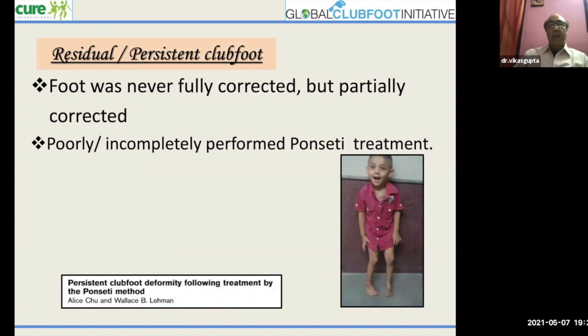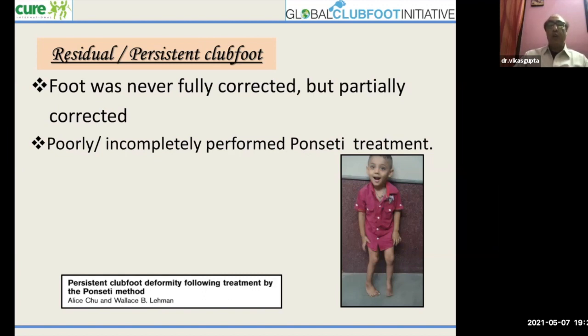Okay. Now, this terminology was introduced by Ellis and Lehman: residual or persistent clubfoot. At times, you will see that the foot was not fully corrected, but remained partially corrected, especially by a resident who was not familiar with the method of Ponseti. And these feet are termed residual or persistent clubfoot due to an incompletely or poorly performed Ponseti method.